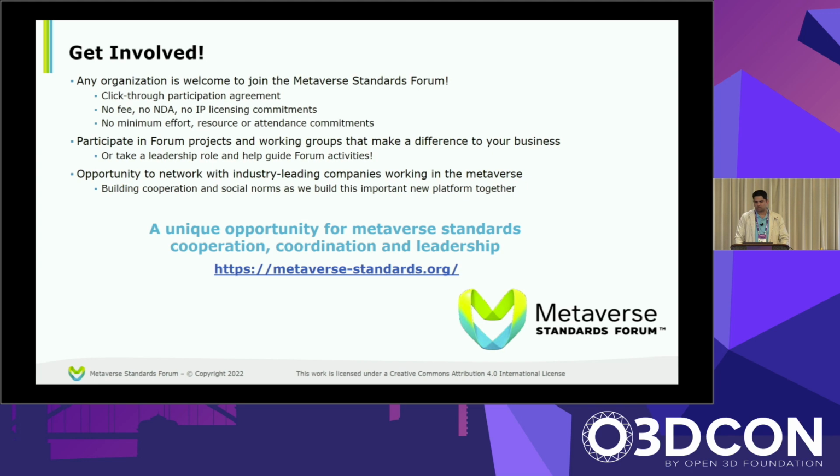So the call to action here is, if you're interested in these standards, if you're interested in adding your voice to these discussions, get involved in the Metaverse Standards Forum, and let's all make these open standards highly interoperable with each other.